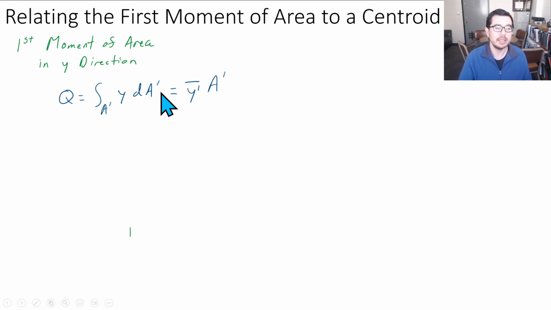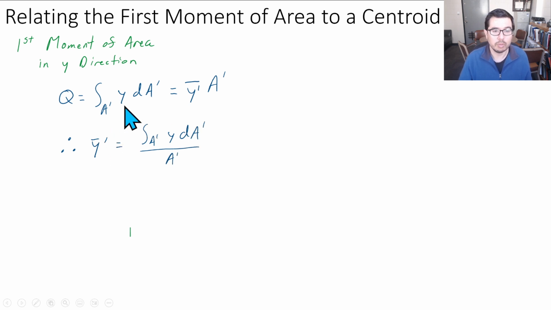This calculation of centroid is something that you likely saw in statics. But the Q term, this big Q, is just the top portion of what we would have used to calculate the centroid in the past.